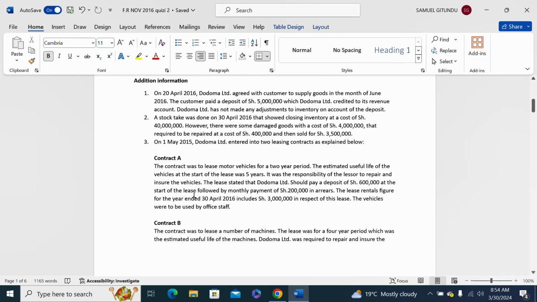The lease rental figure for the year ended 30th April 2016 included shillings 3 million in respect of this lease. The vehicles were to be used by office staff.